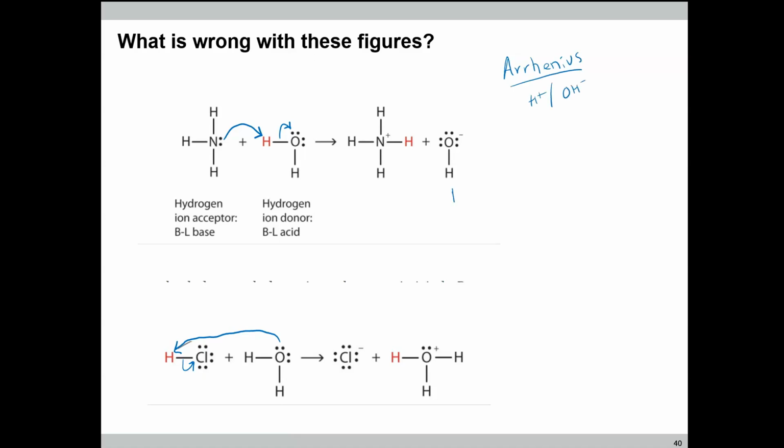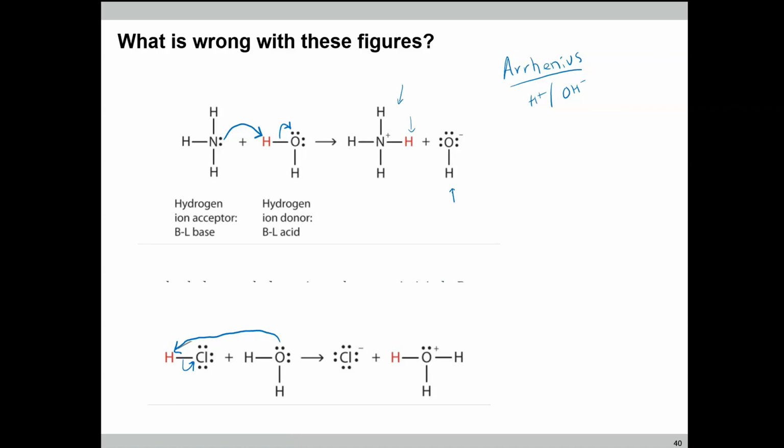So here you can see that we have made OH minus, so that would be an Arrhenius base. However, we didn't necessarily make an H plus. We actually bonded that proton onto another molecule right away. So this would be a Bronsted-Lowry acid because it's not necessarily going to make H plus in solution.